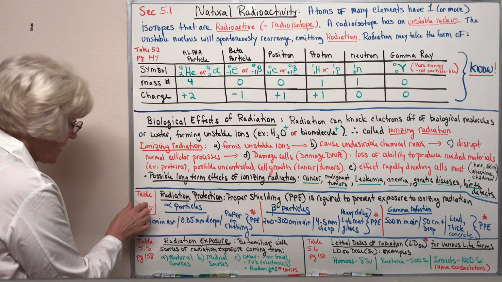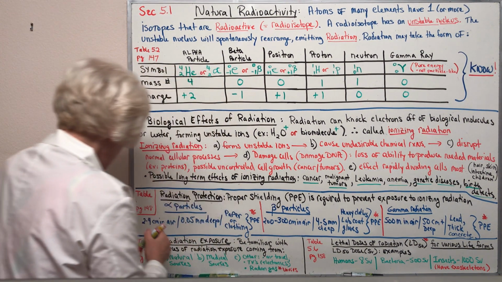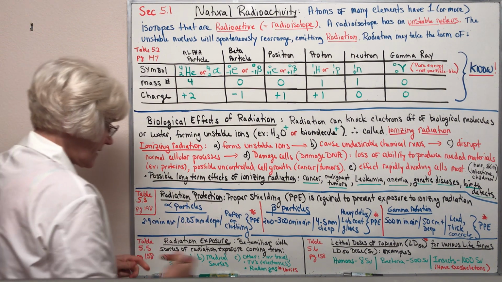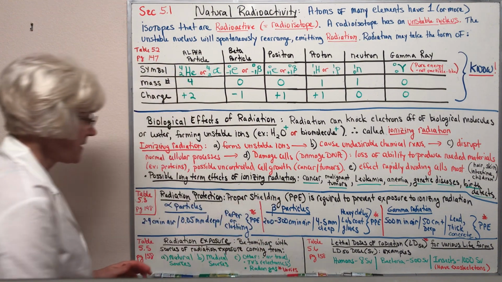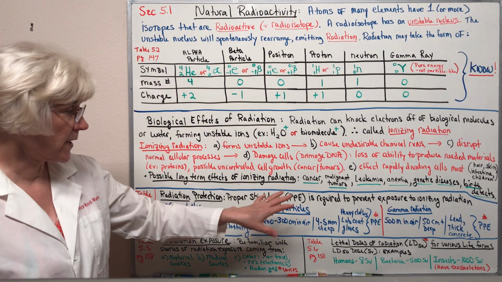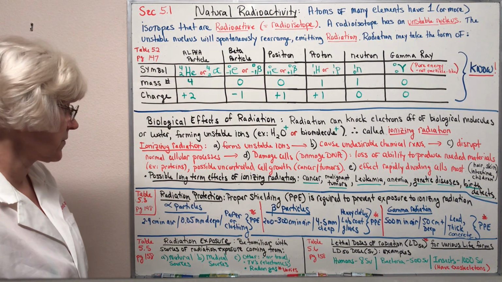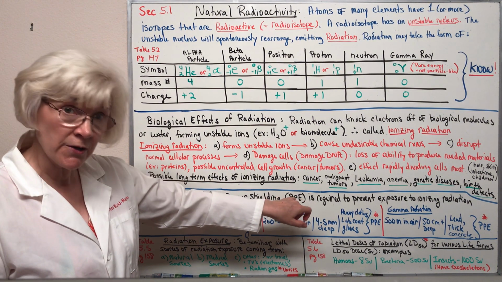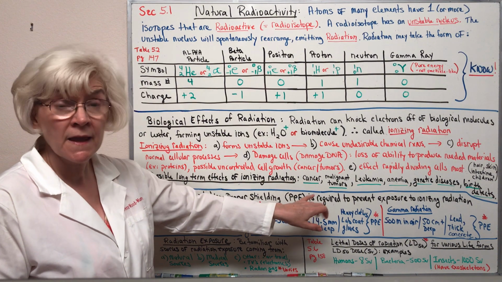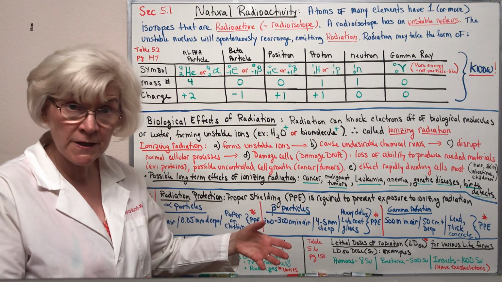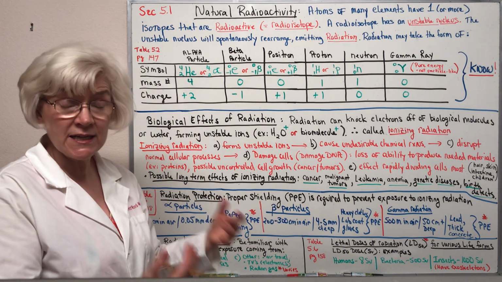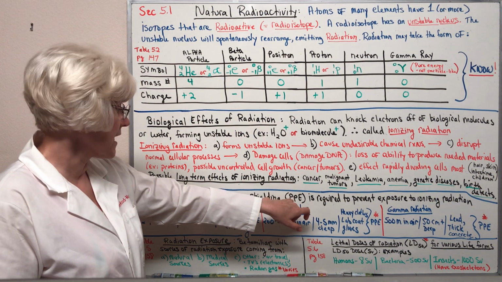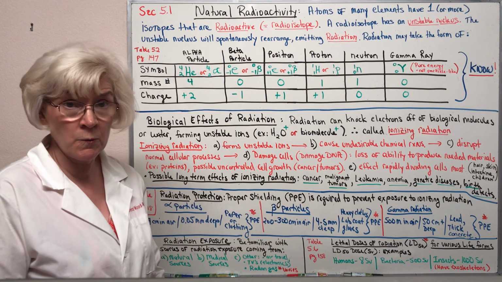So let me write that correctly here. Table 5.3, page 148. That summarizes proper shielding required to prevent exposure to ionizing radiation. And this PPE, we hear a lot about PPE as a result of COVID and preventing exposure to the COVID virus. PPE stands for personal protective equipment.